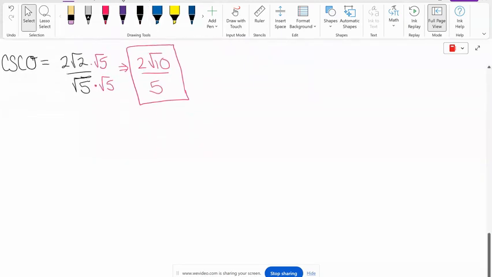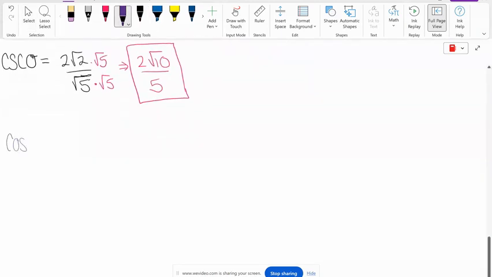So you guys are working on cosine of theta and the secant of theta, the tangent of theta, and the cotangent of theta.